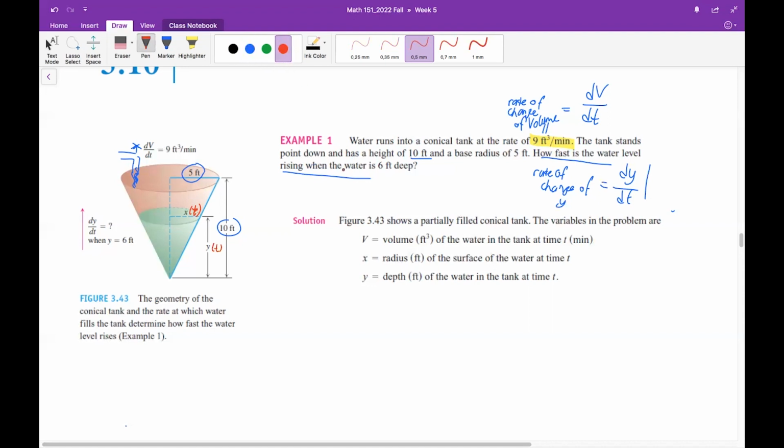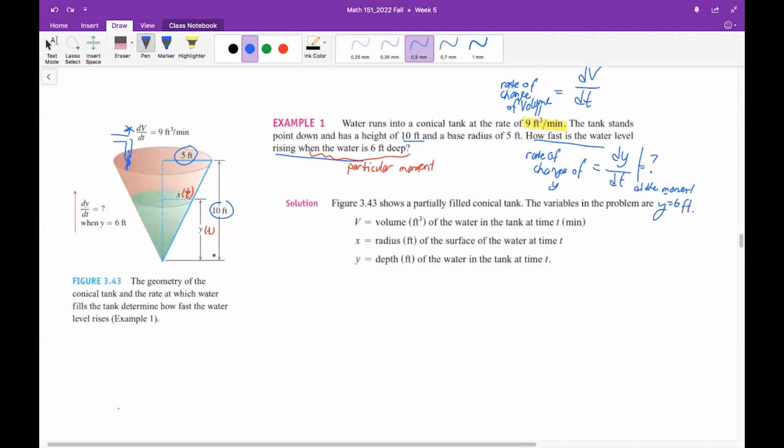This is the particular moment that we are interested in. So I will write here, we want to find this quantity at the moment when Y equals 6 feet. And as you notice, I didn't insert 6 feet here as a constant value because it is always changing in time. Instead of writing 6 there, I name it as a function which depends on time.